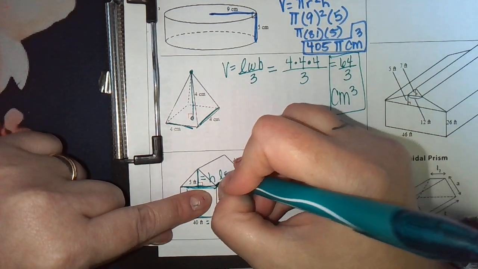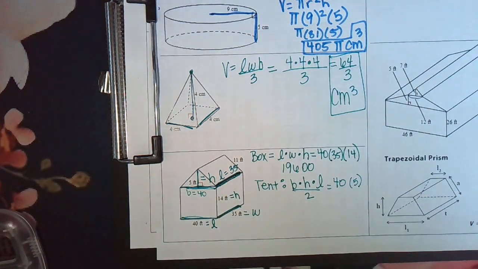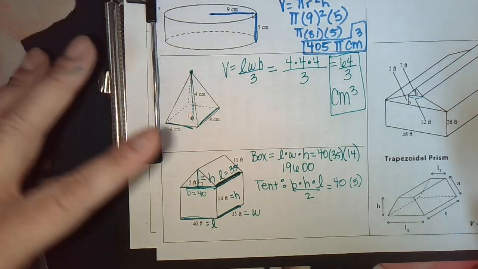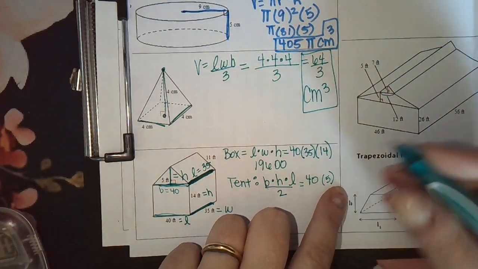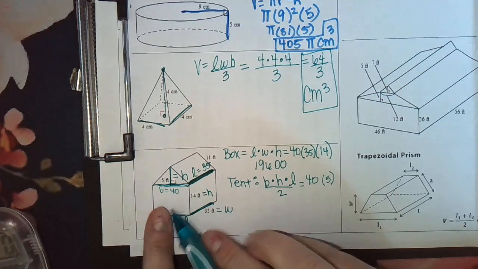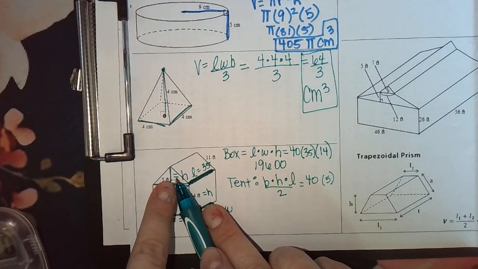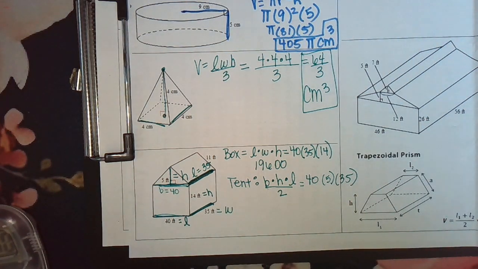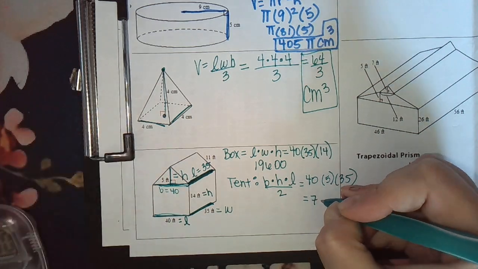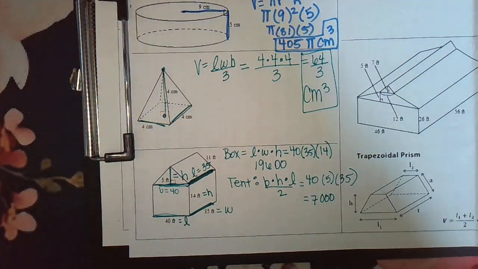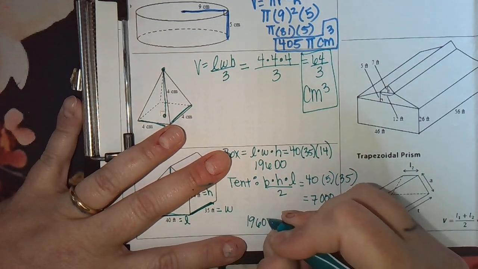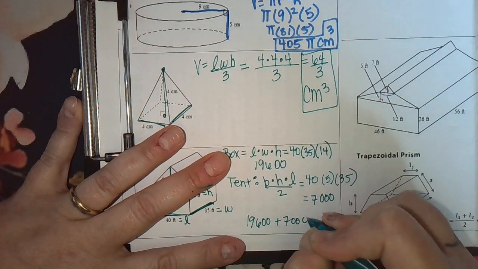So the L is 35. That 11 is useless. They gave it to us to trick us. So our tent volume is 40, the base, times the height, 5, times the L, 35. And that gives us 7,000. Okay, now to find the volume of the whole thing, we take that 19600 and add that 7,000.